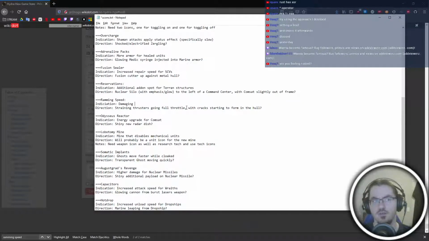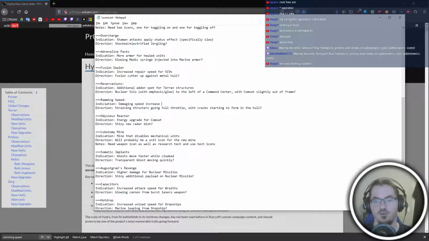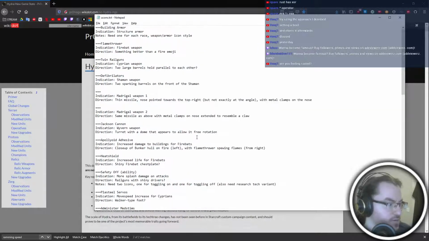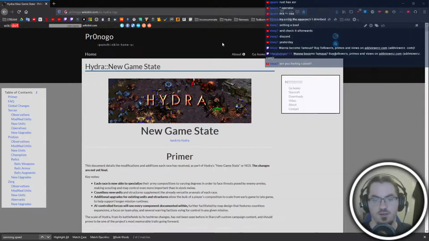Damaging. Speed increased for 10. Yeah, these have not been too bad as far as plugging all this stuff in.